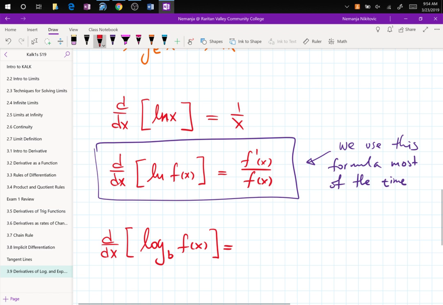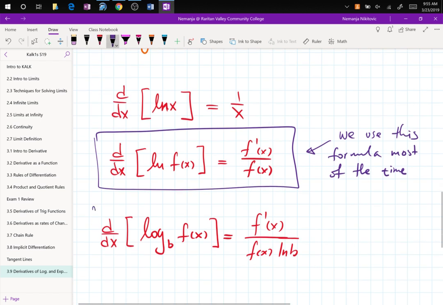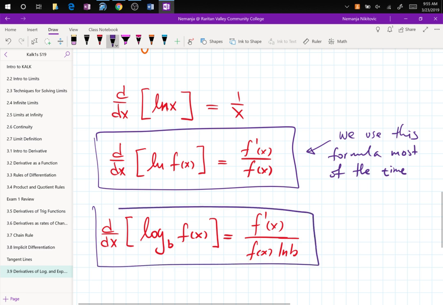All right. So what is this one? It's going to be the same thing with functions, except now you're also going to have ln b, and it goes in the denominator this time. So it's f prime over f, and then you have your ln b in the denominator. So this is the general case. But we don't, as I say, use this much outside of our mathematics.